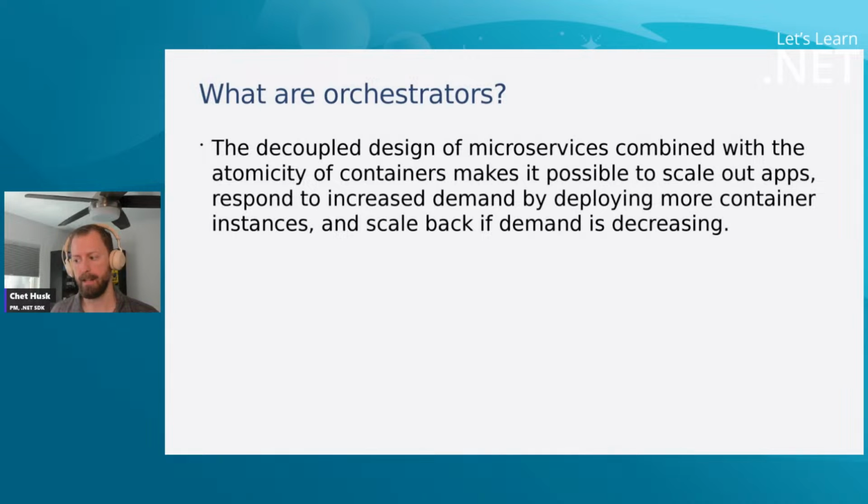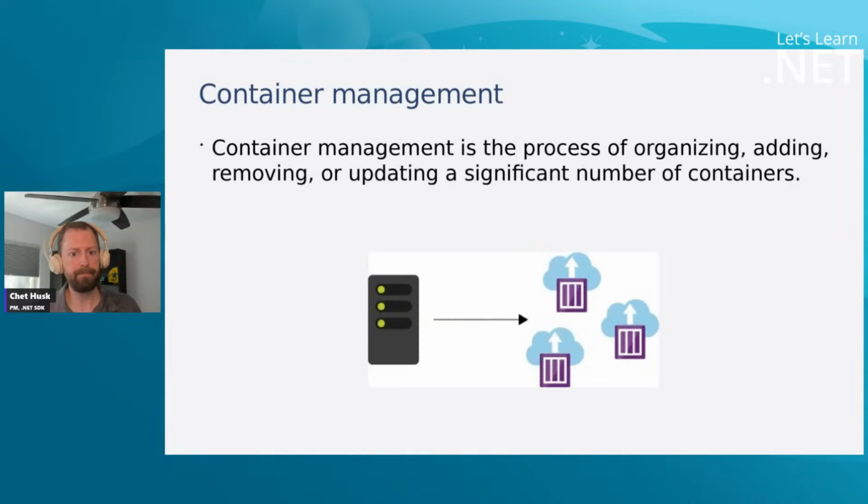These might be things like, if the CPU is staying above 50% persistently for 5 minutes, maybe I should create more instances so that I'm not pegging my CPU at maximum all the time. Same for memory, same for any arbitrary metric. You can go really deep on this. We're not going to go that deep today. We're going to give you a taste and then show you where to go next, okay?